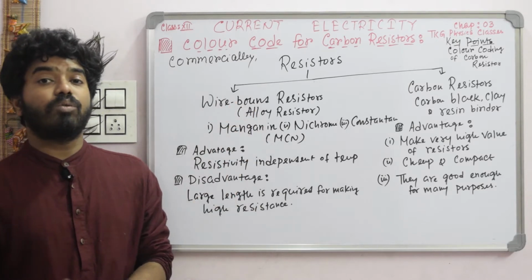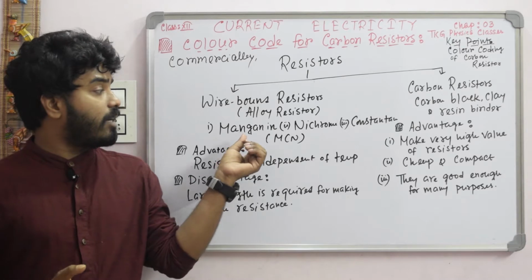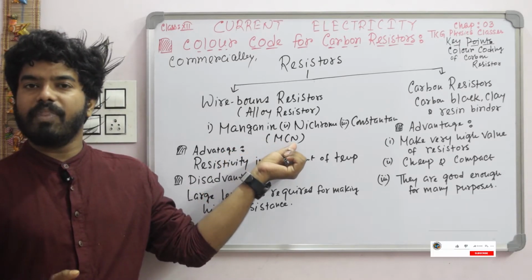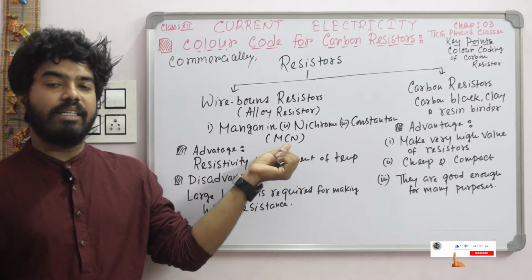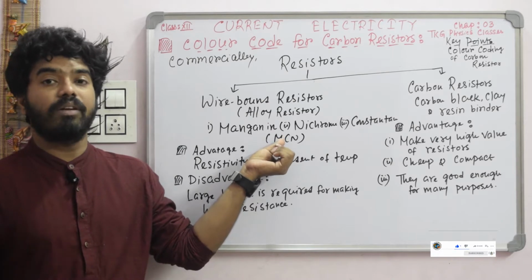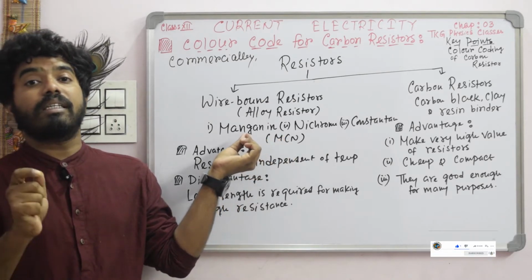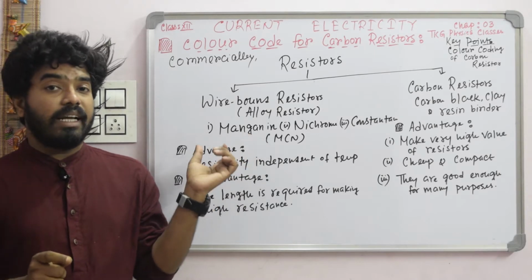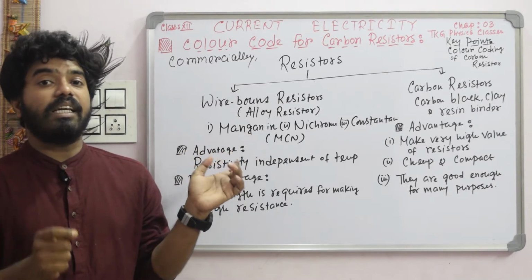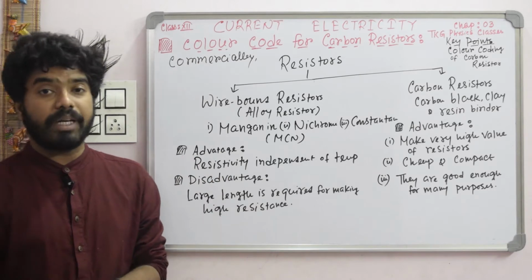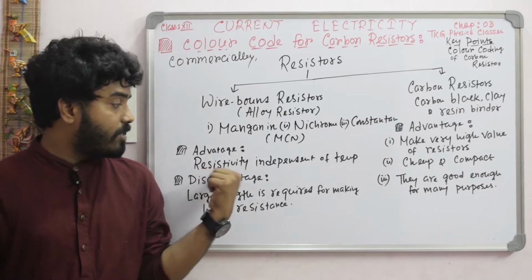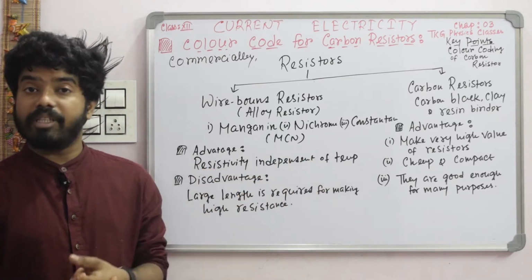Now the question is, why do we use these types of alloys? Because the advantage of using these alloys is a very specific property, that is their resistivity is nearly independent of temperature.